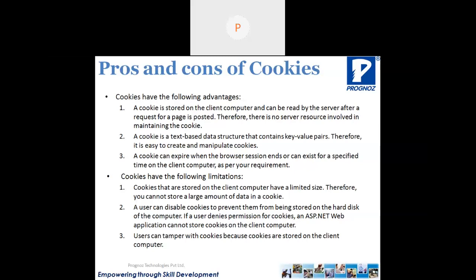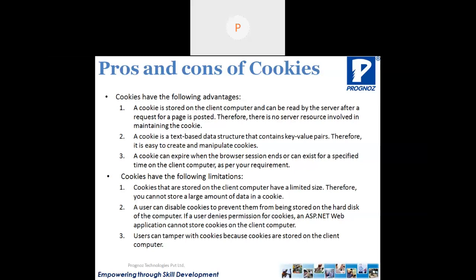Then a user can disable cookies to prevent them from being stored on the hard disk of the computer. If the user denies permission for cookies, an ASP.NET web application cannot store cookies on the client computer. In the last lecture we had seen that Gmail, one of the live websites, makes use of the cookies concept.